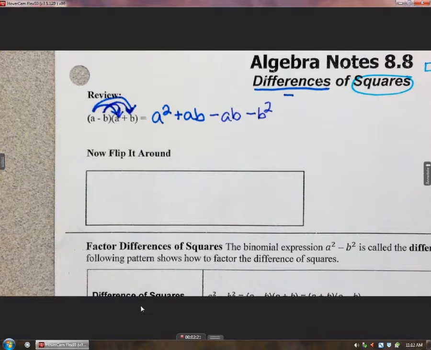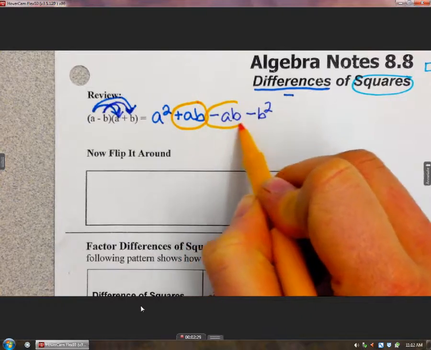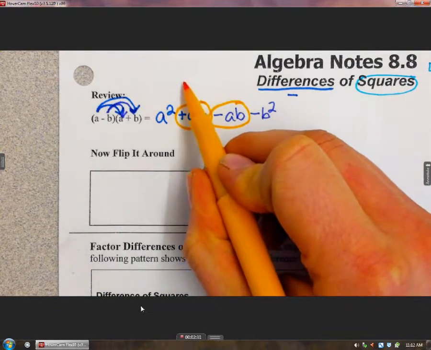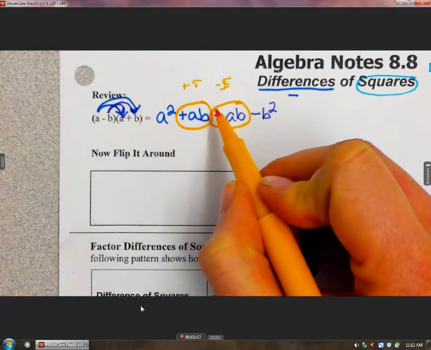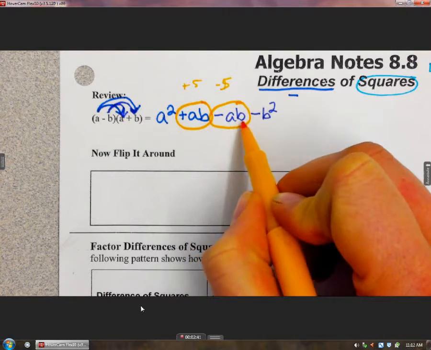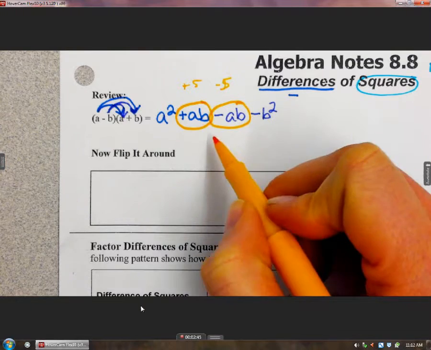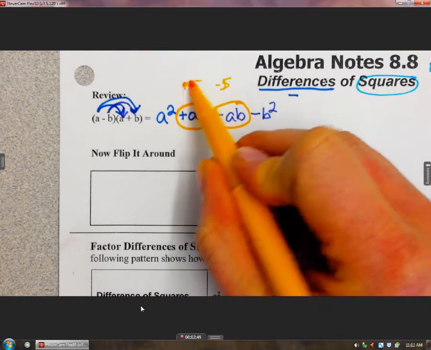As you simplify this, you might notice the terms in the middle, the ab plus ab minus ab. Well, if you had plus 5 and minus 5, it would just go away, right? So plus ab minus ab is like if I throw you the pack of Skittles, but then I take it away from you. I'm giving you something, but then I'm taking away the ab. This just goes away.